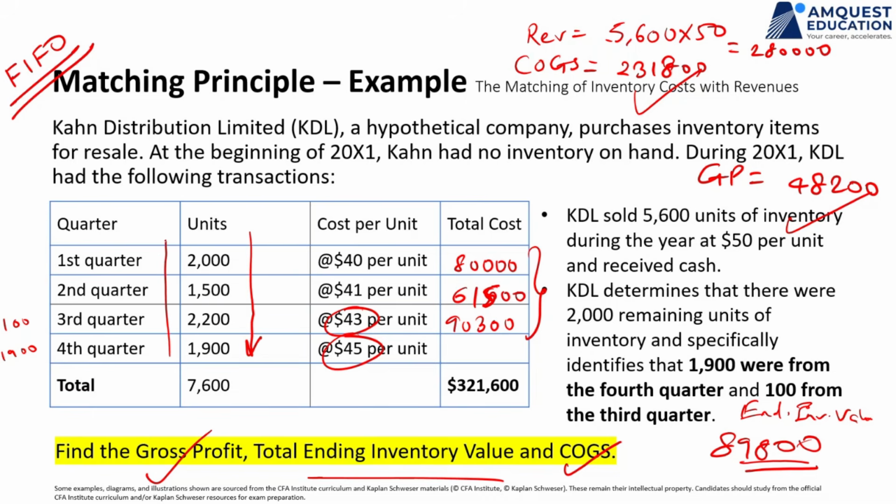If you go reverse, the numbers would be different, right? The reverse method is called LIFO. Whichever came in last, I want to sell that first. So we followed a FIFO inventory mechanism, a FIFO method of inventory accounting. First in, first out.